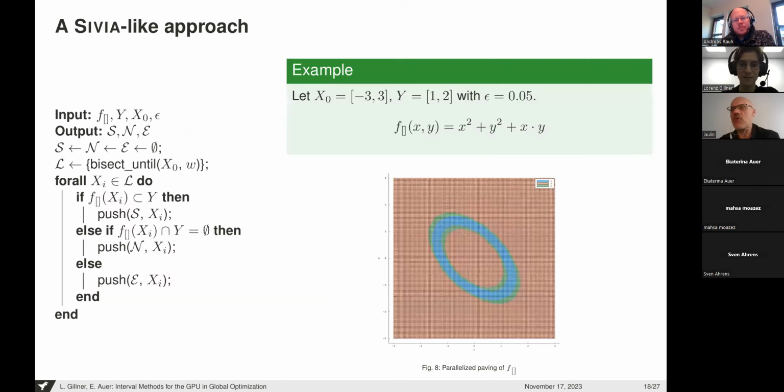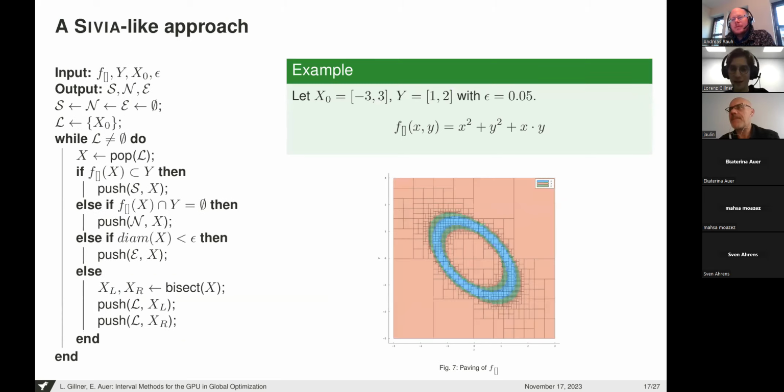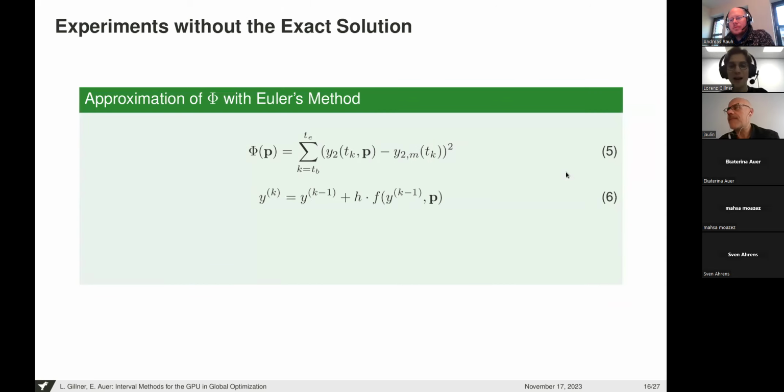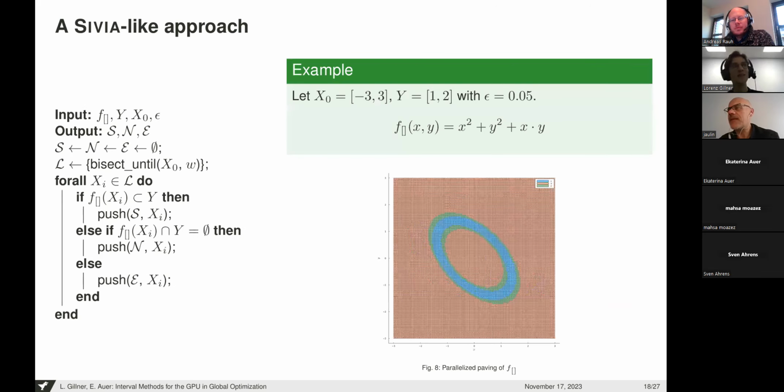How many cores do you have in parallel here, for instance? The device I used this method on had 4,608 cores, and again, these cores are split into groups, which are then executed in sequence.